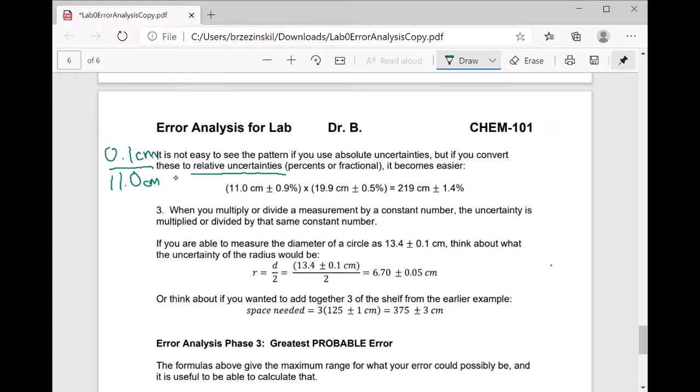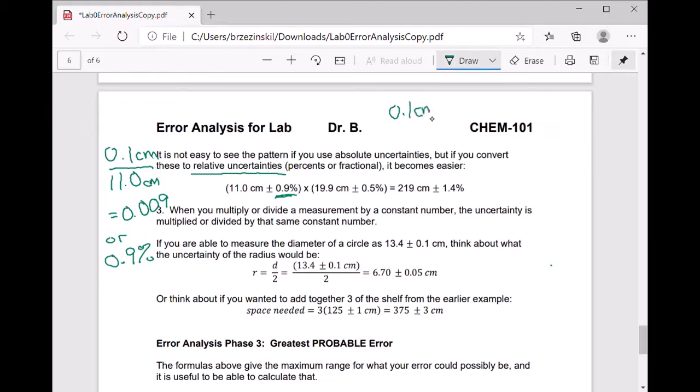We'll take that and then we'll get that as a percent. So that actually equals 0.009 or 0.9%. So that's where that percentage comes from.